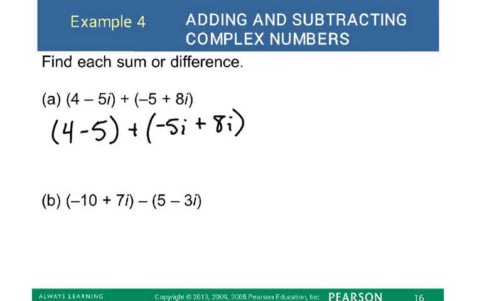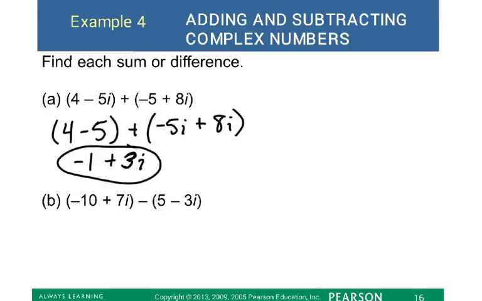So next step is add them together or subtract them. So 4 minus 5 gives us negative 1. And then the negative 5i plus 8i gives us plus 3i. Okay? And there we have it. We added two complex numbers.